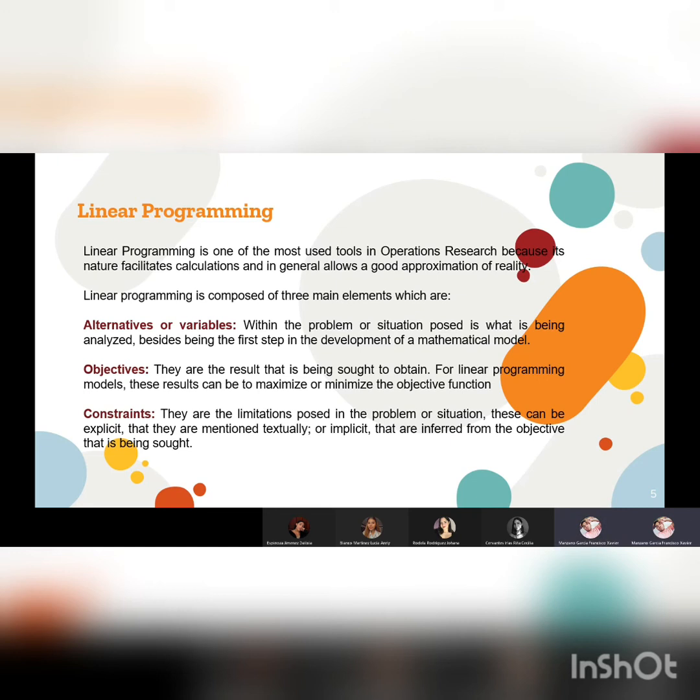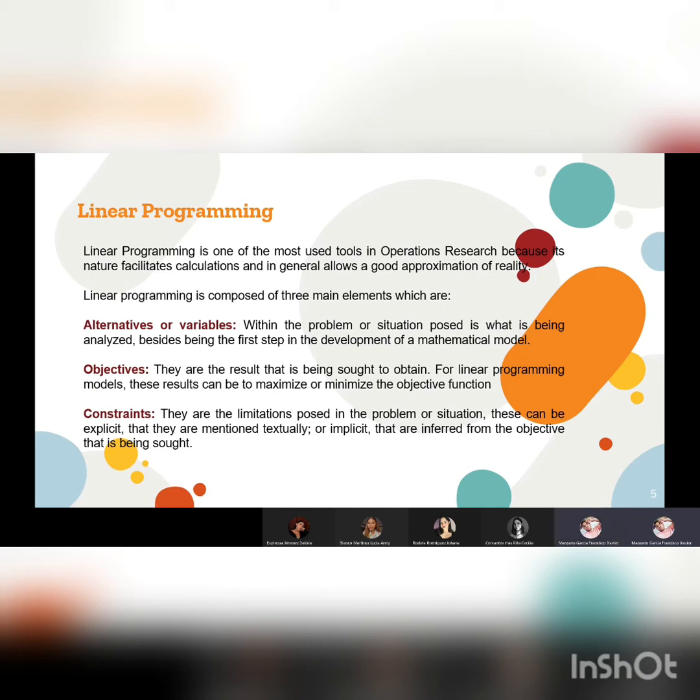Linear programming is composed of three main elements, which are variables, alternatives of variable within the problem or situation posed. It is what is being analyzed, being the first step in the development of a mathematical model.